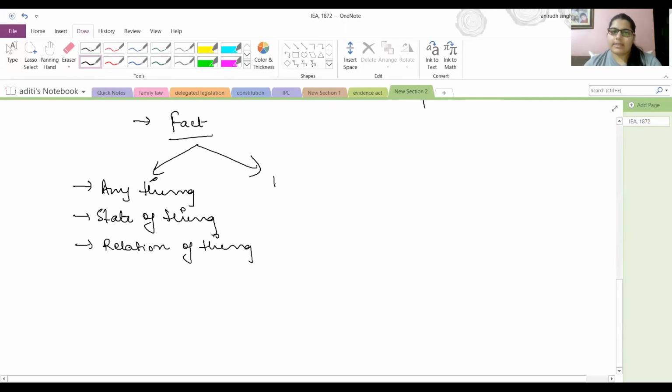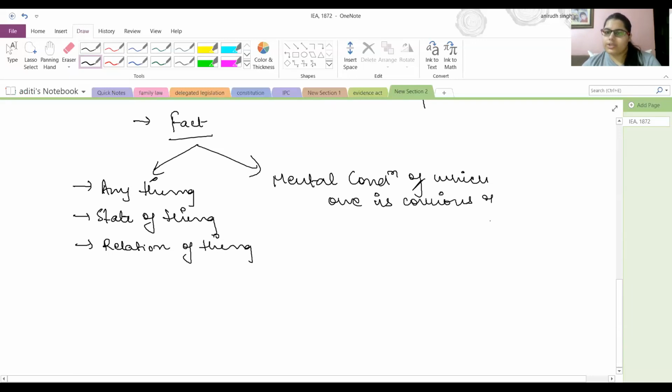And second is the mental condition of which one is conscious of. Now, what does this mean?